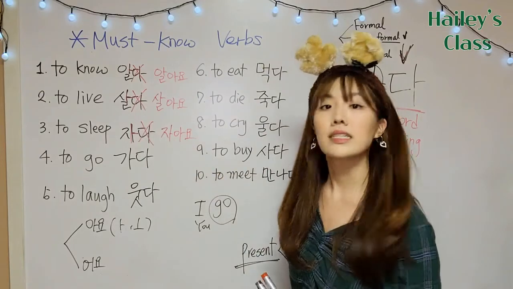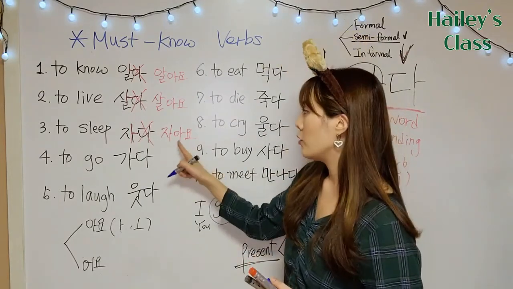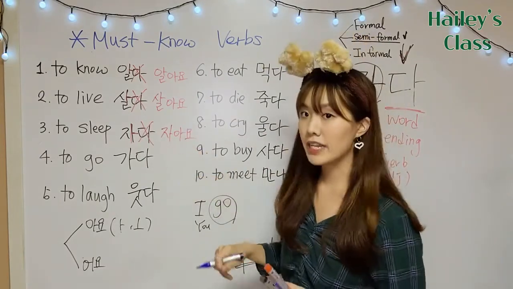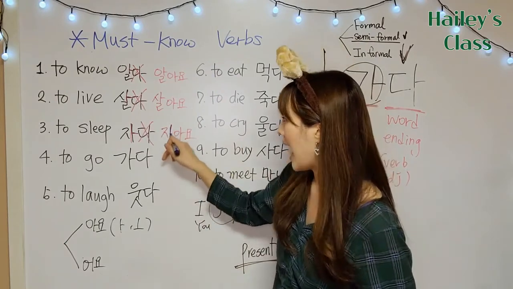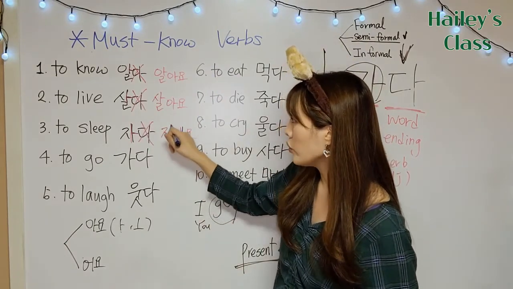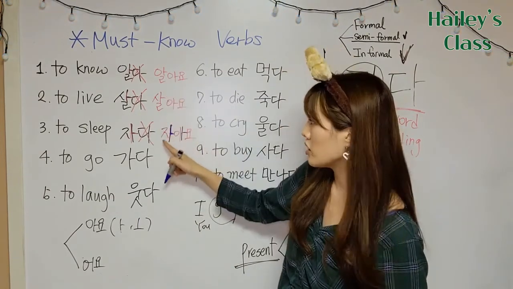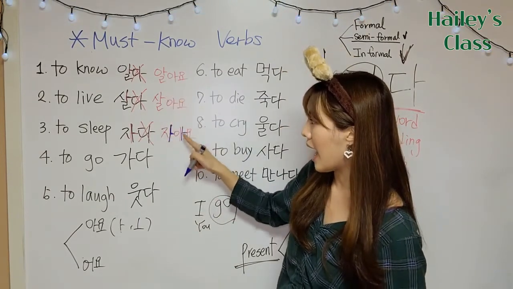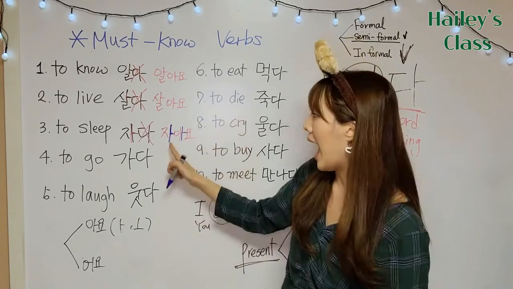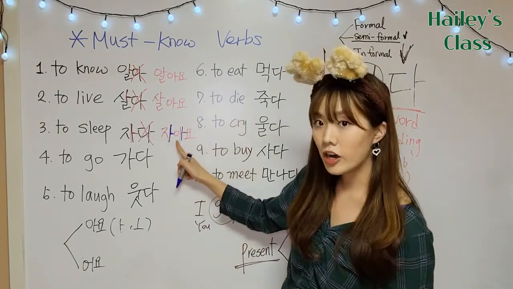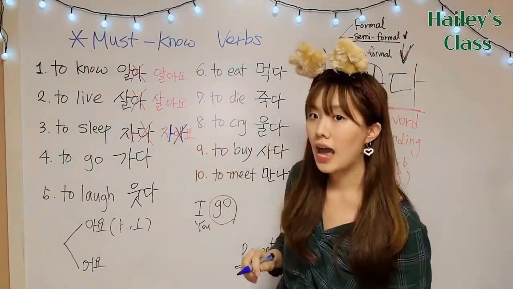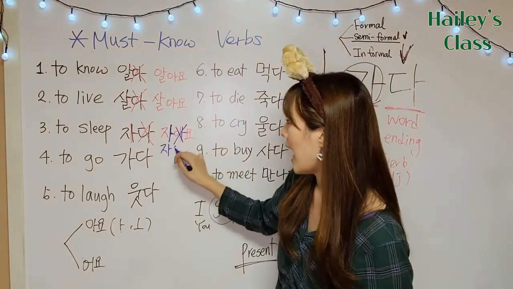Actually, we have to delete one 아 here, because in 자아요 there is the same 아 twice. When there is the same vowel, we delete one 아. So it has to be 자요.